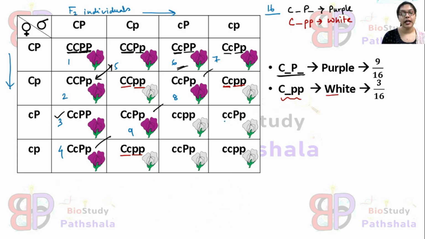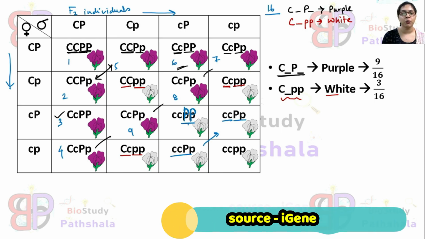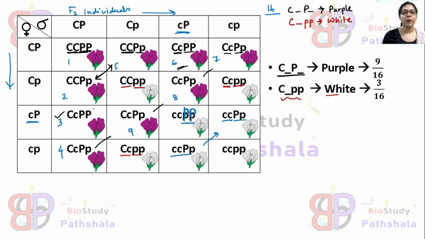Here you can see the homozygous recessive form of the C gene with the heterozygous condition of the P gene. This is the same genotype as this one, and this is the homozygous recessive form of the C gene with the homozygous dominant condition of the P gene. It will be homozygous dominant for the P gene because here the gametes are small c capital P and small c capital P. These two gametes fuse together to form this genotype.